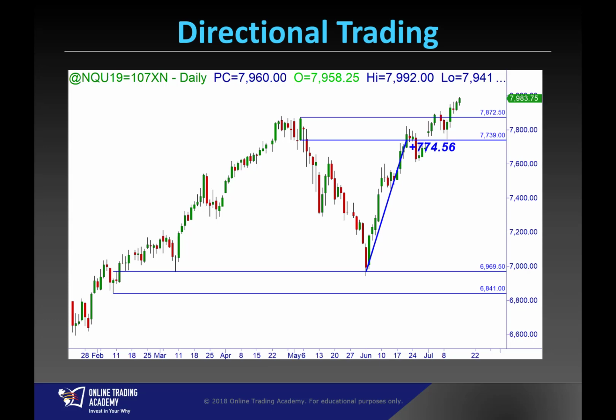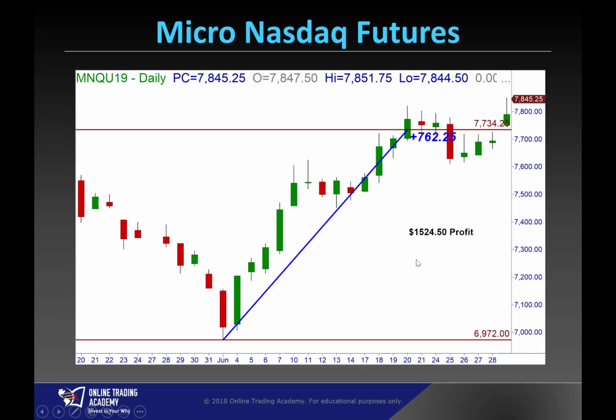So, an alternative now that's very, very recent, they introduced something called micro contracts. If you wanted to trade the exact same thing, you could have done it with a micro futures contract, buying at the demand zone, selling at the supply zone. It's a different symbol, and it's also a different margin requirement.